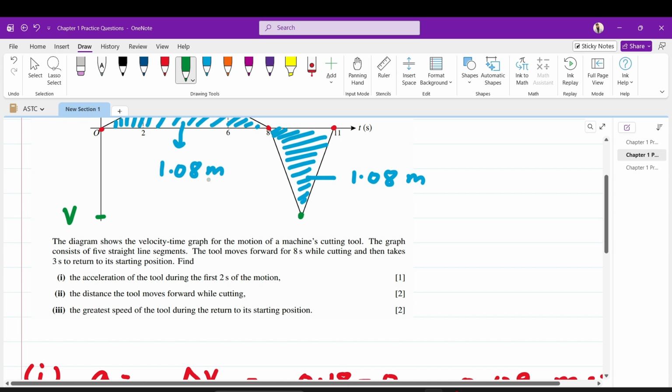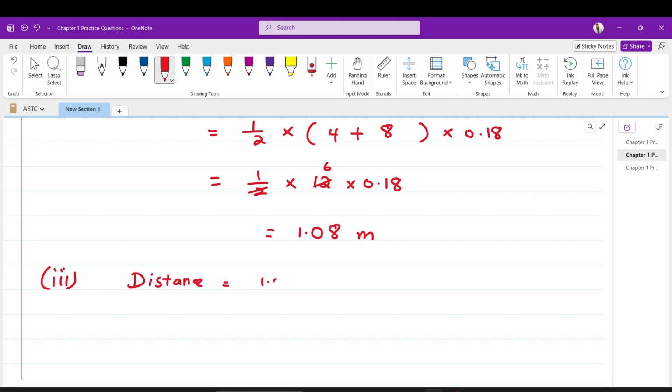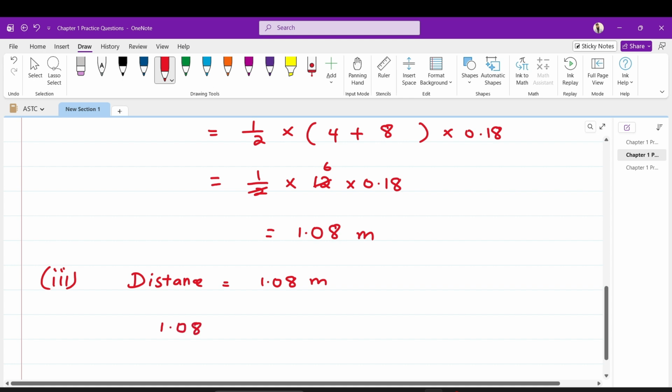Okay, so I'm going to apply the formula. I know first of all that distance is equal to 1.08 meters. Okay, so 1.08 meters is equal to half into base into height, right?